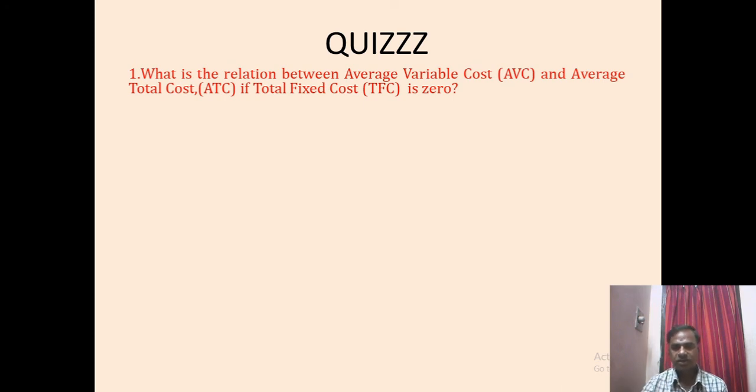So that's why, when total fixed cost is 0, average variable cost is equal to average total cost. Again, the difference between average total cost and average variable cost is average fixed cost. When total fixed cost is 0, average fixed cost will be 0. When average fixed cost is 0, average variable cost is equal to average total cost.